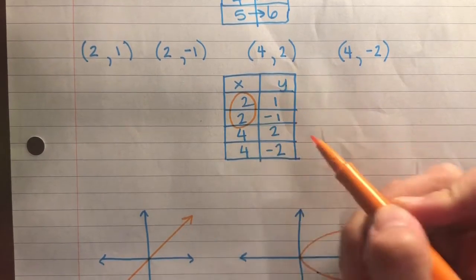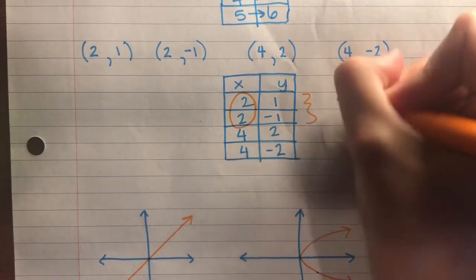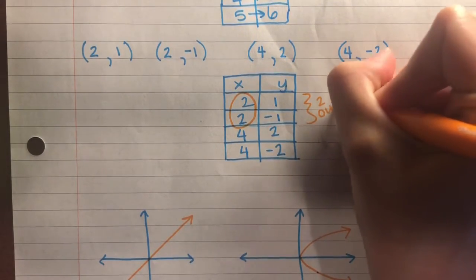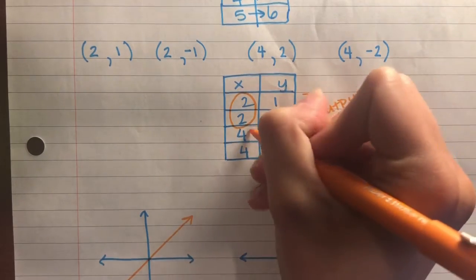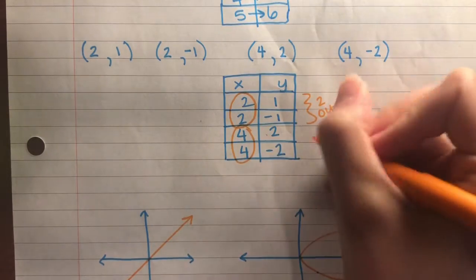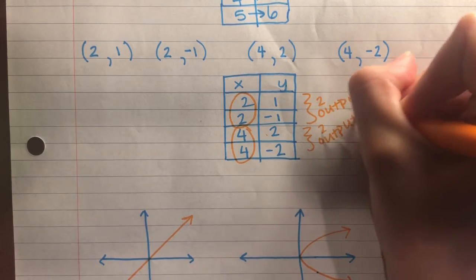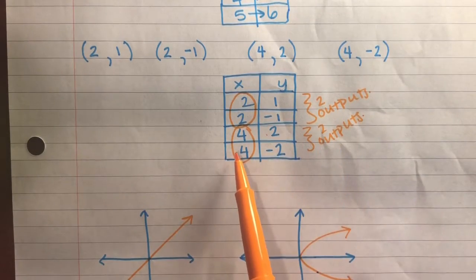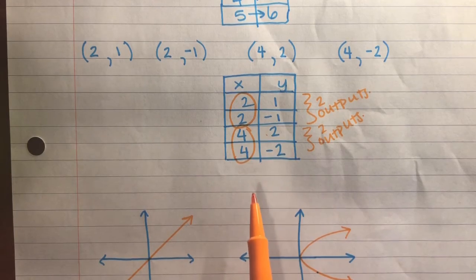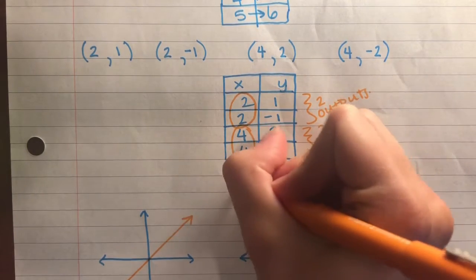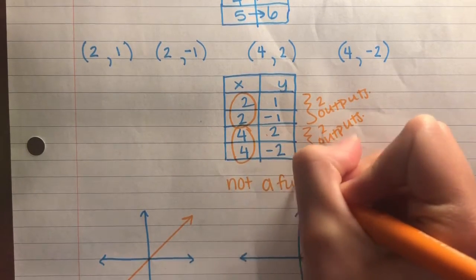We get that y is 1 and y is -1. So we have two outputs here. And notice also, when x is 4, we get two outputs. So remember, for every input, there has to be exactly one output. So this is not a function.